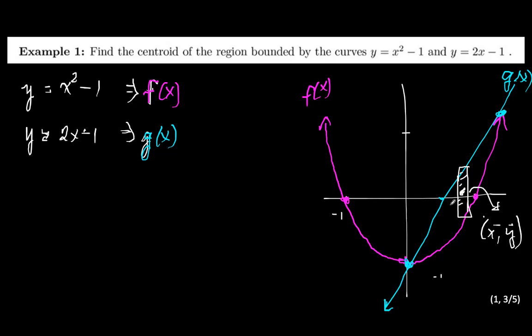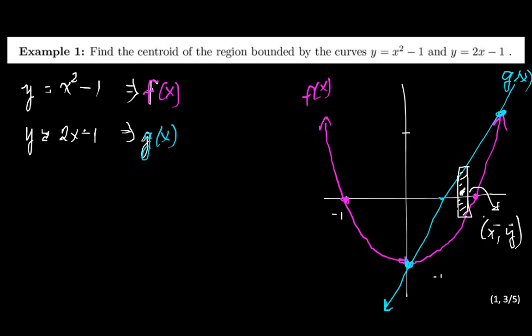Okay, and we know that there are n numbers of rectangular representatives, and as the value of n goes higher and higher, the approximated value of the centroid and even the area are getting closer to the actual value of the centroid and the area respectively.